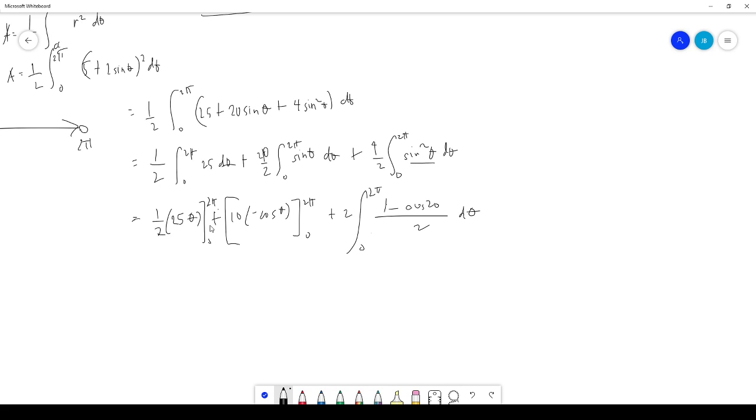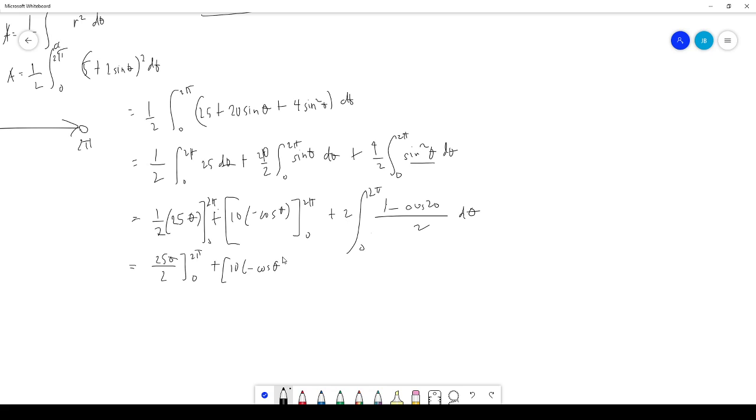So let's rewrite it first. From 0 to 2 pi, and this one is plus 10 times negative cosine. I did not distribute the negative to make the transition easier later on.